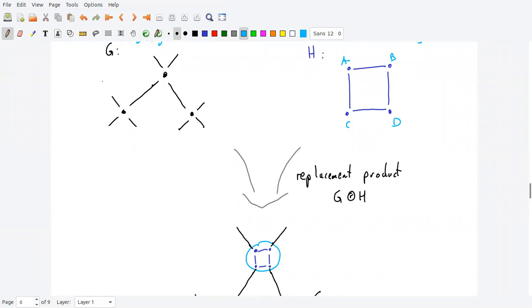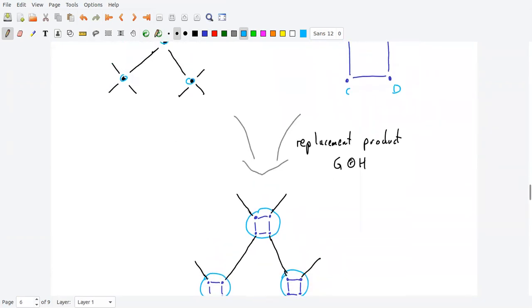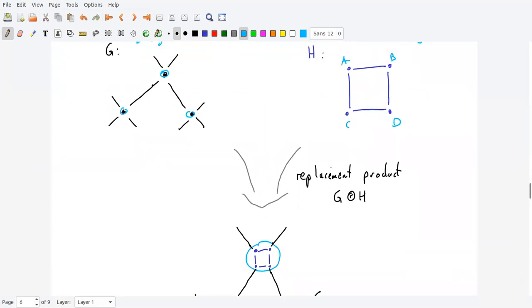You take every vertex of G and replace it with a copy of H. So you put a copy of H and you redirect the edges of G to different vertices of H. You need to be a little bit careful here, and this might not be the best example that I chose, because this H is a vertex-transitive graph, so it essentially looks the same from every point of view.